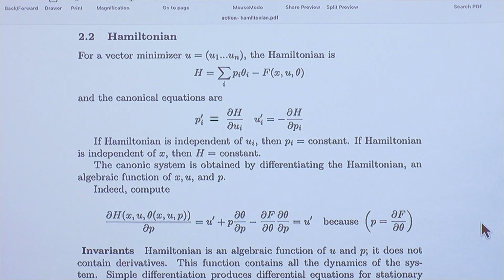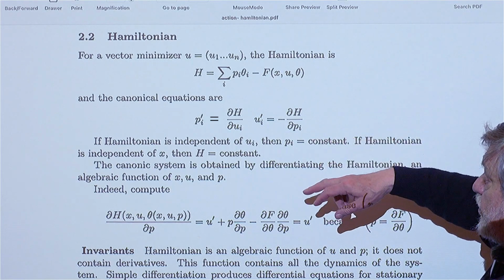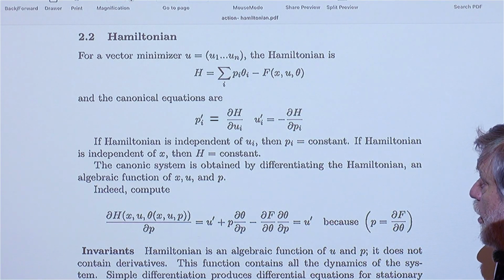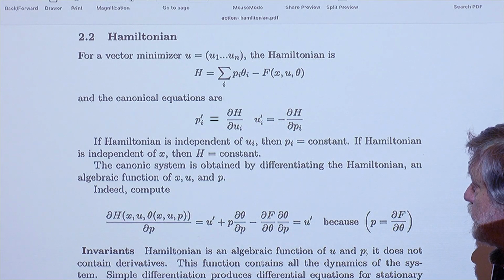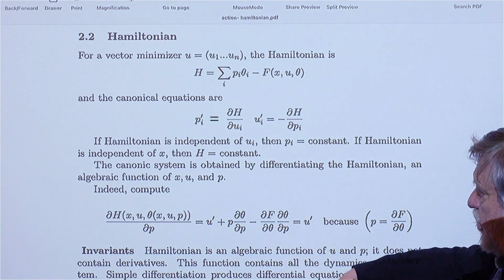It is a very symmetric and nice relation. And if this Hamiltonian is independent of t, then this H is constant along the trajectory. So this is an example of how to obtain this.